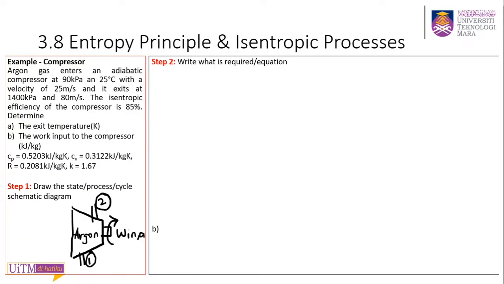Okay, now let's look at the second example for compressors involving isentropic efficiency. You can pause the video to read and understand the question properly.